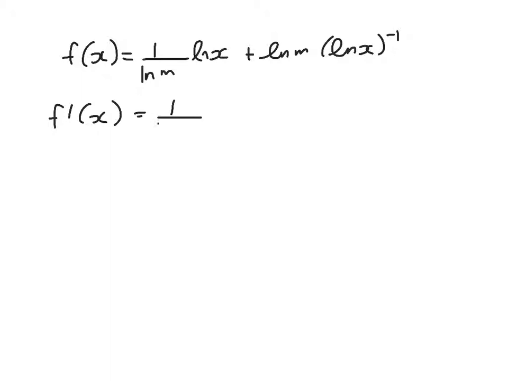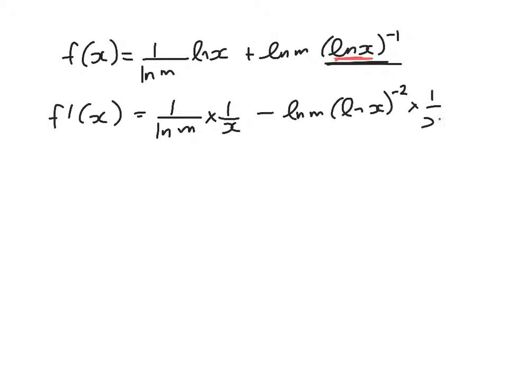Here we have 1 over the natural log of m, that's just a constant, times 1 over x, plus, going to use the chain rule here, so it's going to be minus log m times ln x to the negative 2 times the derivative of the inside function, which is 1 over x.